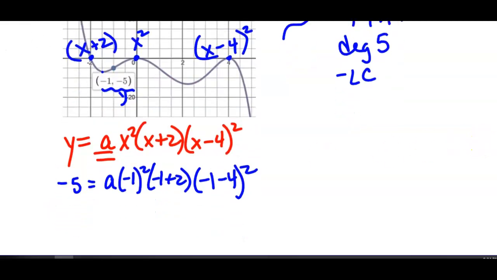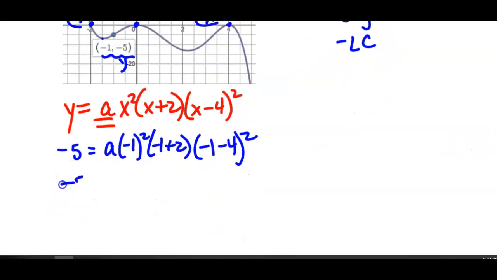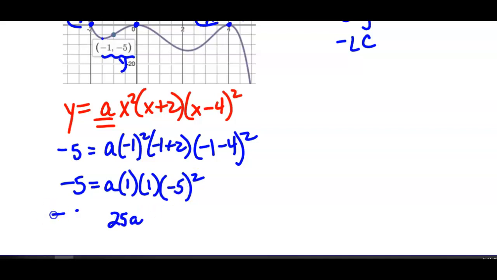So we have -5 equals a times 1 times 1 times -5 squared, which would be 25. So we have 25a, and over here we have a -5. So we get a equals -1/5.